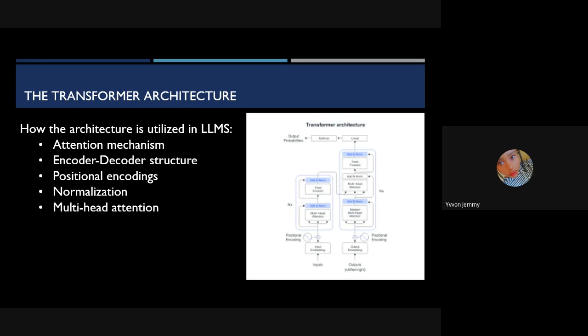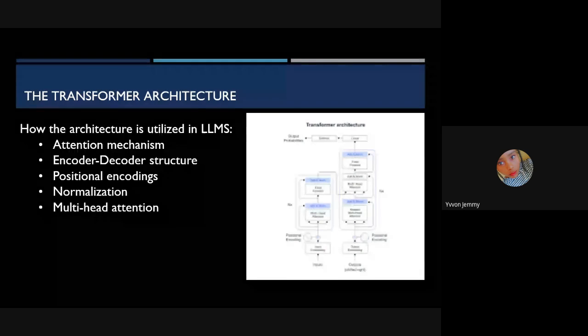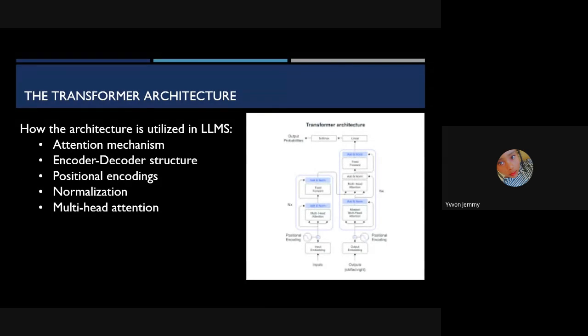One, the attention mechanism. It helps the LLM pay attention to a certain word. For example, say it is an article about Tesla. The LLM uses the transformer architecture to pay attention to that word Tesla, to weigh how important it is or whether it is not important.